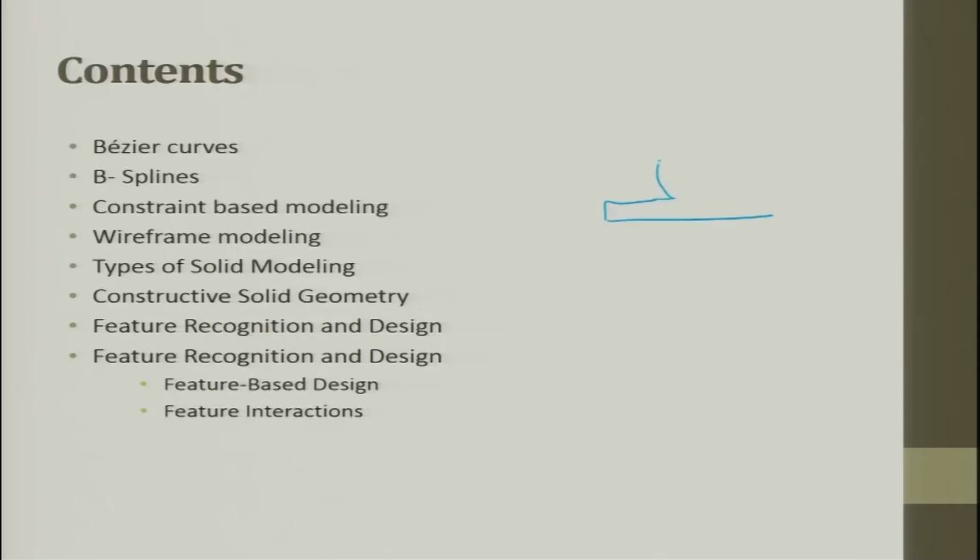For example, if you can think of a plumber block. Those people who are not aware of a plumber block, the schematic diagram looks something like this. You put a bearing inside.